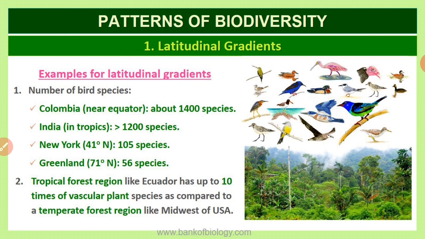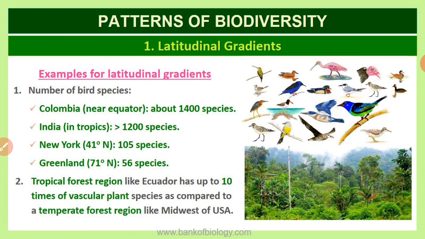Colombia, a country located near the equator, has 1400 species of birds, while New York, at 41 degrees north, has 105 species of birds, and Greenland, at 71 degrees north, has only 56 species, while India, which lies in the tropics, has 1200 species of birds. These figures themselves show how species diversity goes on decreasing as we move towards the pole.